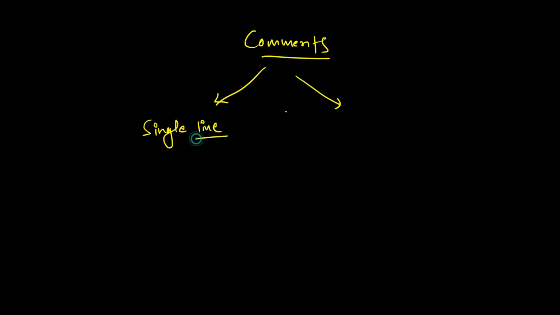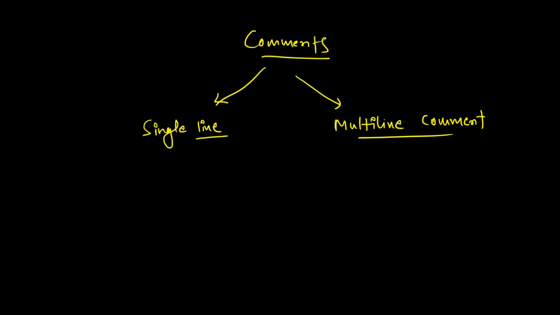A C program supports two different types of comments. What are these different types?